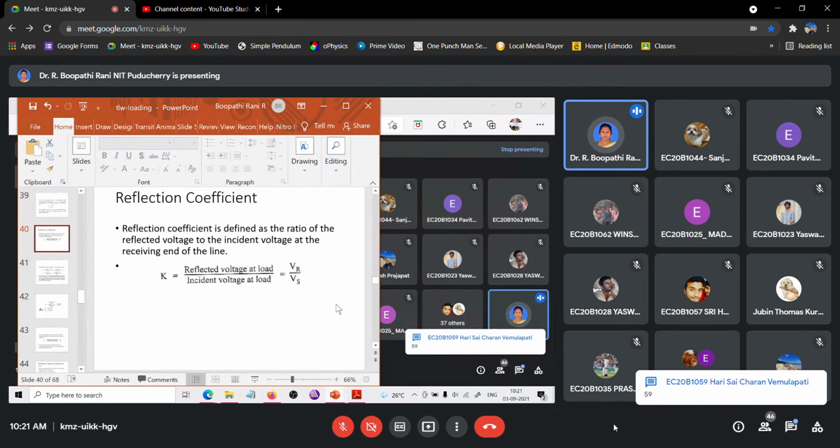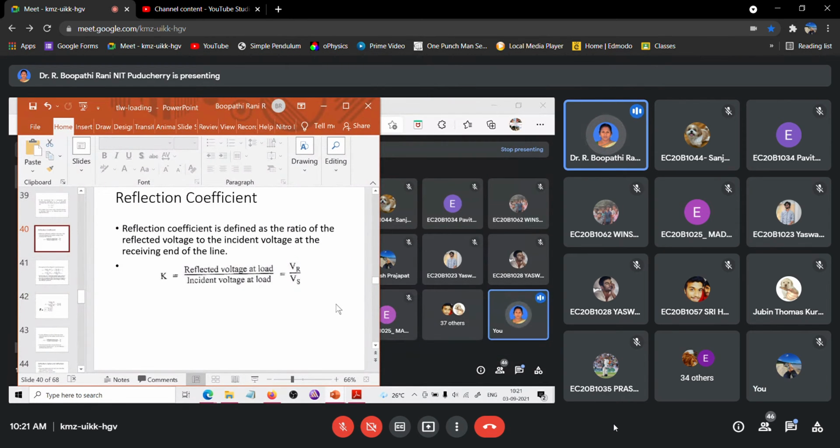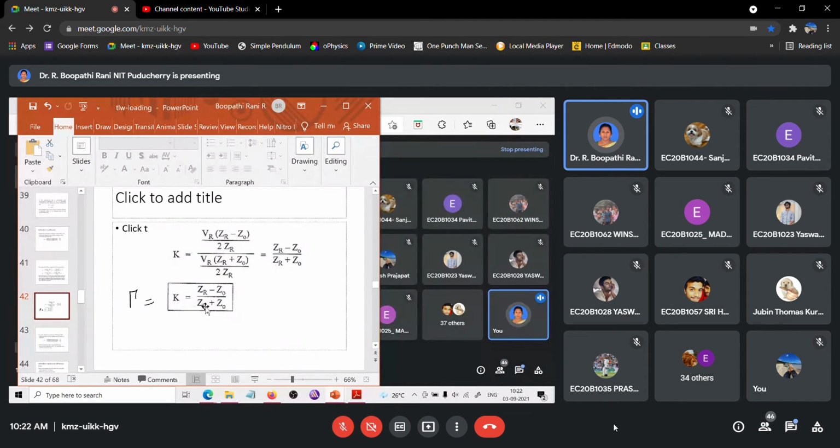So the reflection coefficient is the ratio between the reflected voltage at load and the incident voltage at load. If we find that ratio, we get ZR minus Z0 divided by ZR plus Z0. So this is called the reflection coefficient. It is denoted using the symbol K or gamma.